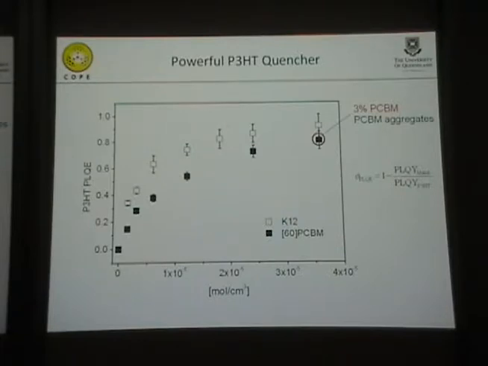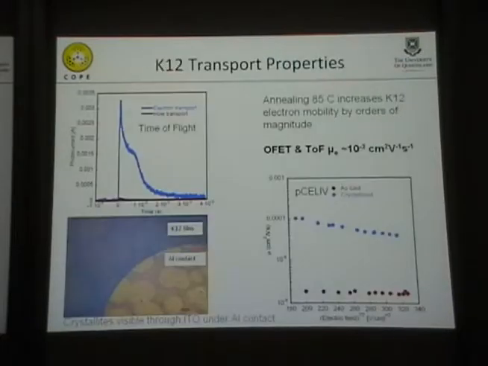Compared with PCBM, I wouldn't say it's better because we know that PCBM aggregates even at such low concentrations, but this concentration for our K12 is about 2% by weight. So it's not too bad, and this is kind of indicative of intercalation as well, in the P2H2.